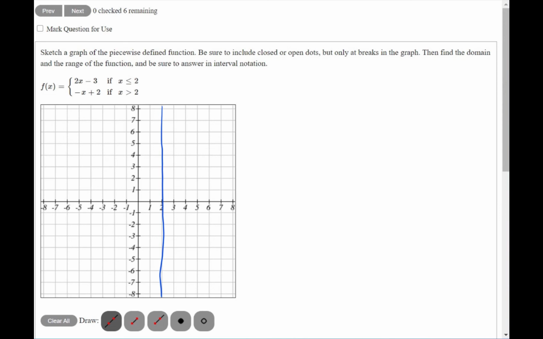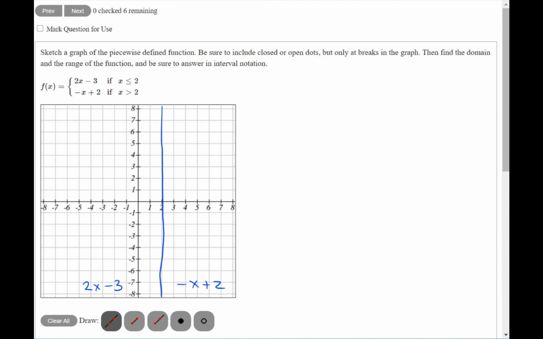And on this interval back here, where x is less than or equal to 2, I'm going to graph 2x minus 3. And on this side, I'm going to graph negative x plus 2. So I need to figure out where on my graph things are at this boundary.